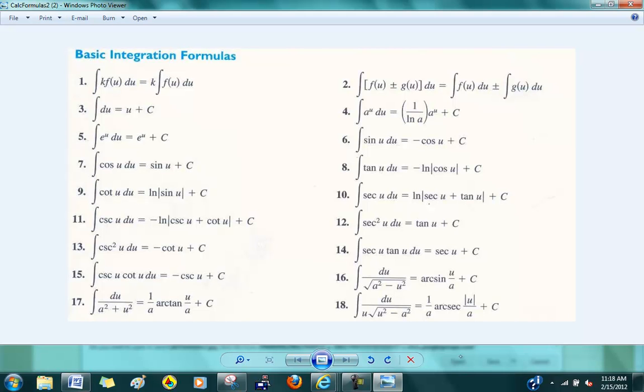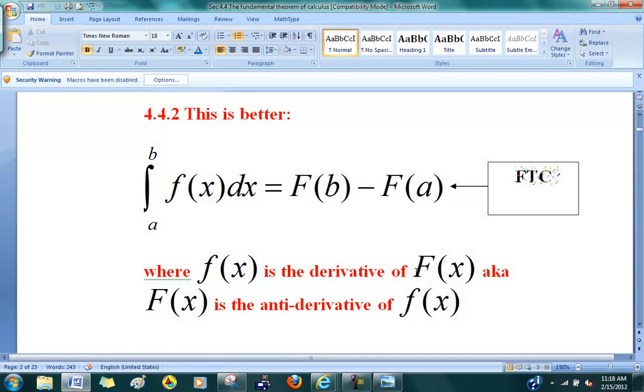So you can integrate a whole bunch of different functions. That is why this process is a lot easier, better, more accurate than the Riemann sum.